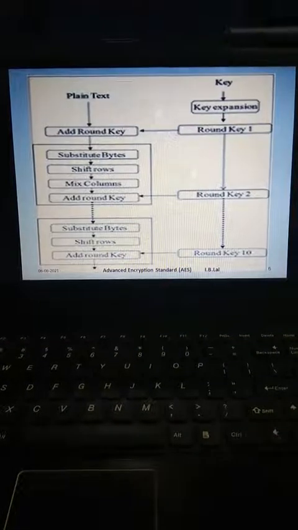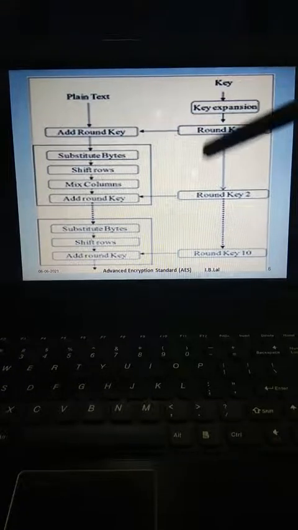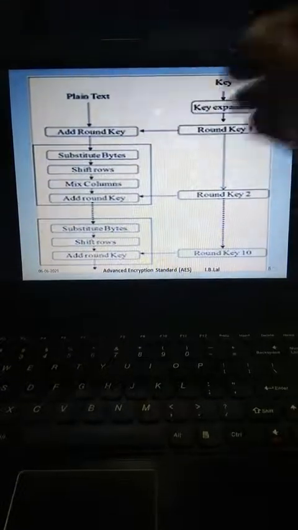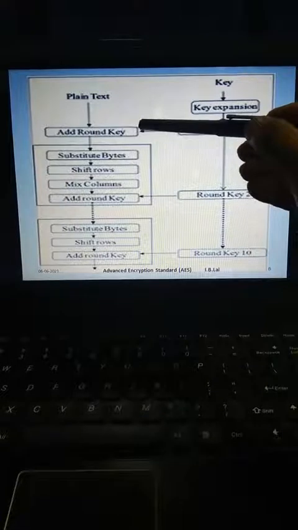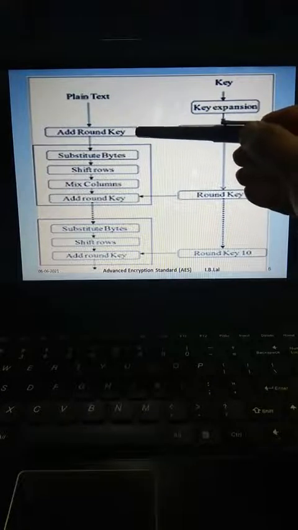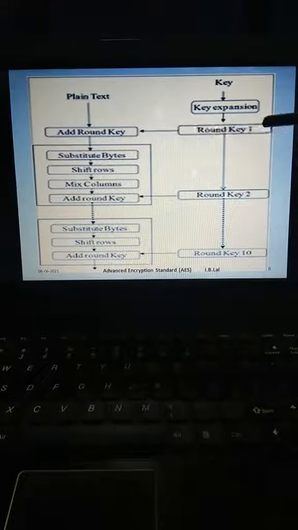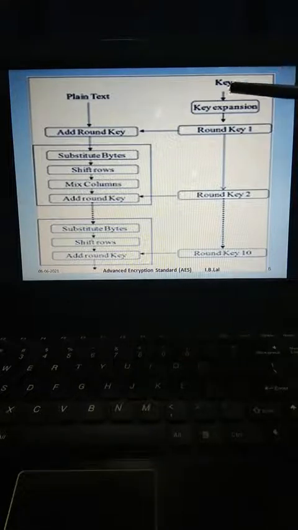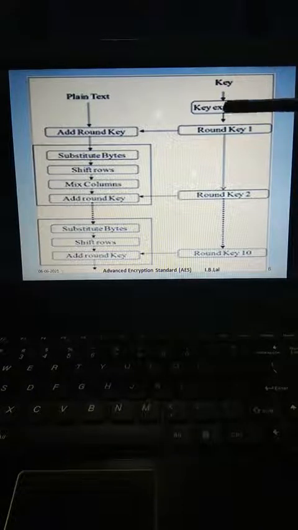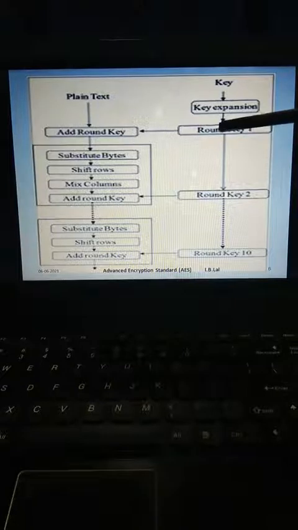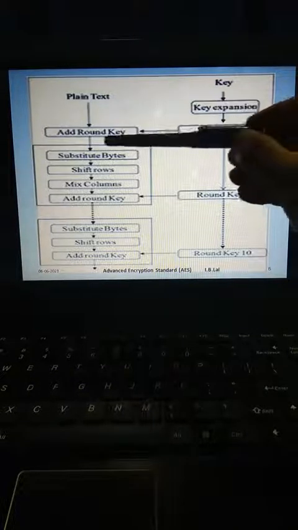So here is the brief story of the previous classes. The plain text is input and enters into add round key, or pre-round calculation. Here it needs one key that consists of 4 sub keys, 4 words. The master key of 128 bits undergoes expansion to produce 44 sub keys.